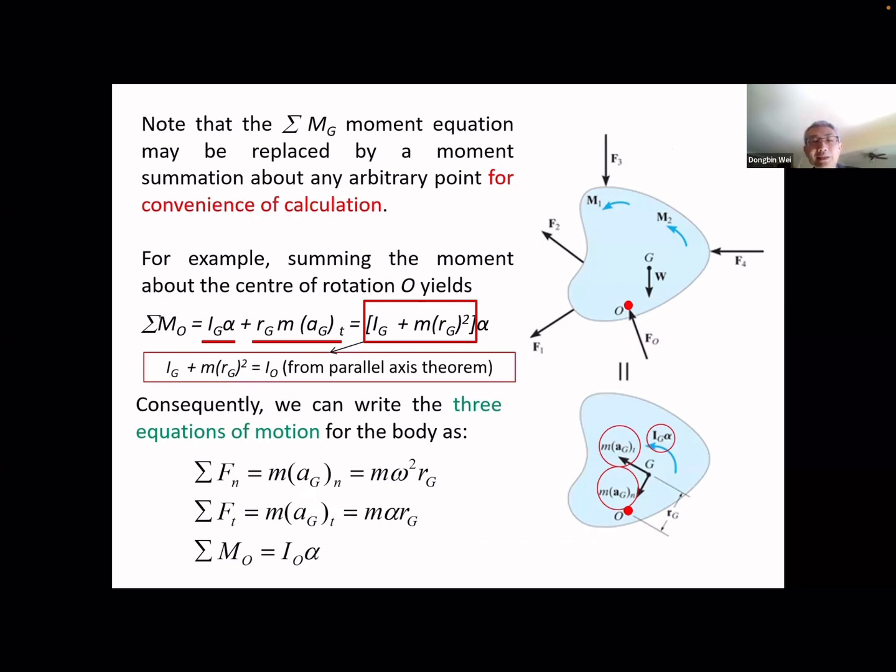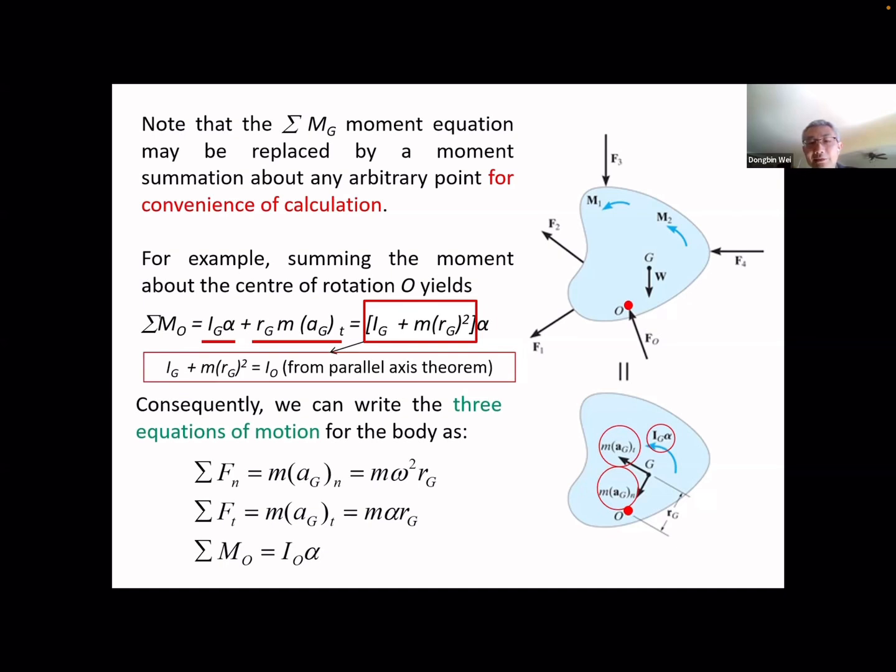So if we select point O for our calculation, then we will have two items. One is IG alpha, and another one is from the kinetic moment for AG. How to calculate? You can see AG has two components, AGN and AGT.